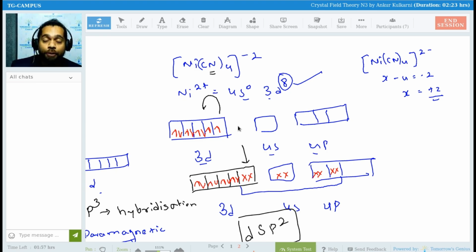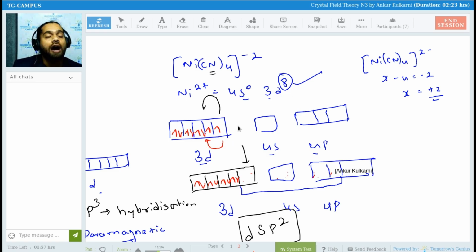That time it won't pair. If we have odd number of electrons, it won't pair even if it is strong. Pairing will happen, but one will remain unpaired. Due to strong field ligand, this has moved over here and it has paired, and we have got something like this.